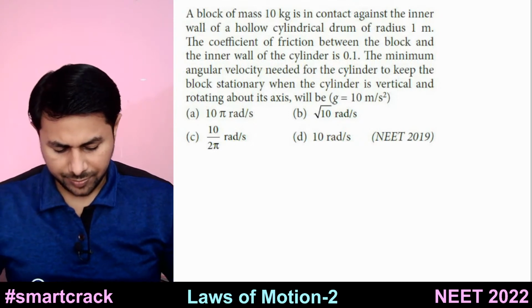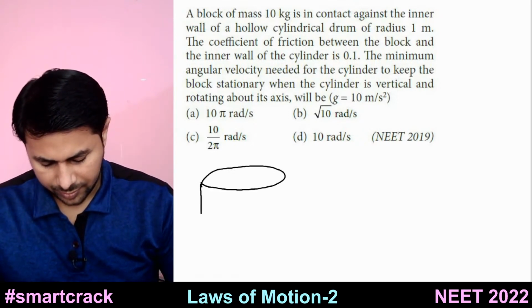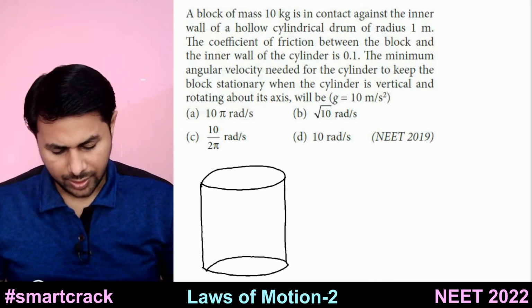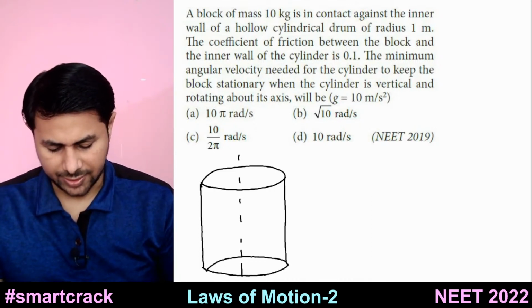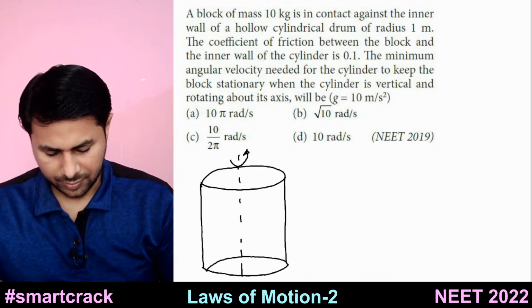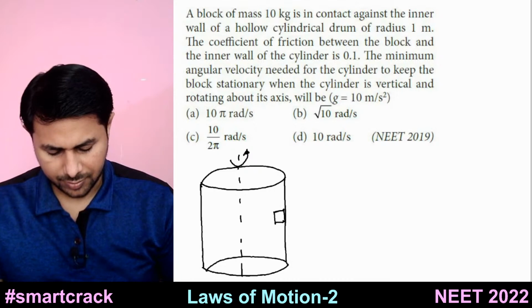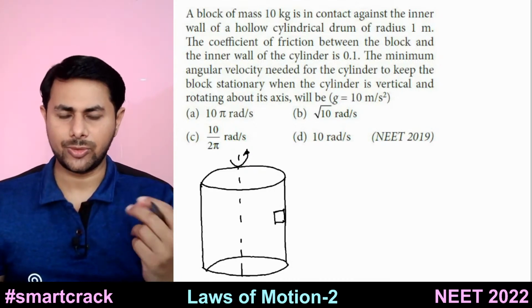So we have a cylinder like this, and this cylinder rotates about this axis. Okay, and we have a block over here. When the cylinder rotates, the block will perform circular motion.